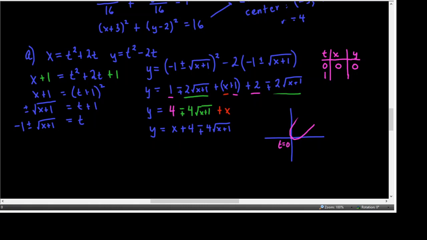When t is 1, 1 squared plus 2 times 1 is 3. When t is 1, 1 squared minus 2 is -1. So that means we're out here at 3, -1, somewhere about like right there at time 1. So that means our direction of movement is that direction. As t increases, which way is it moving? Okay, so that's kind of cool.